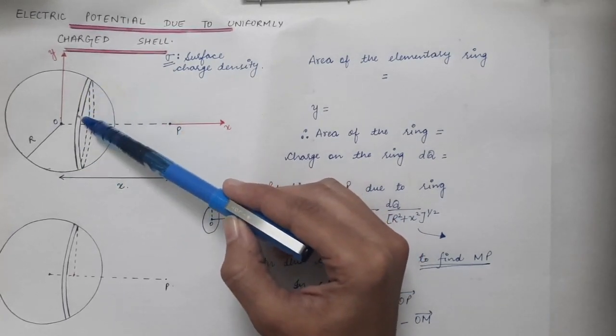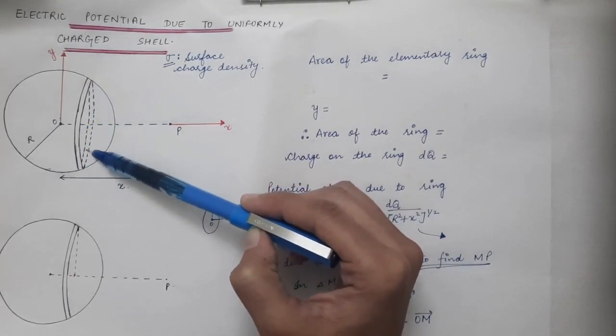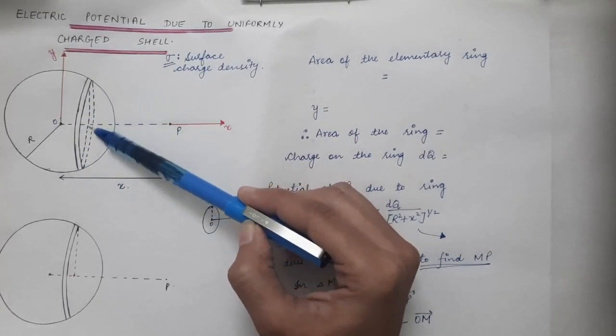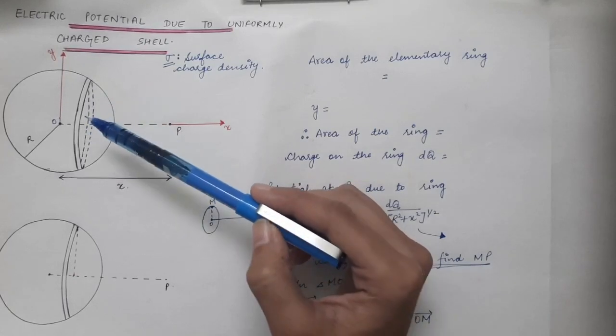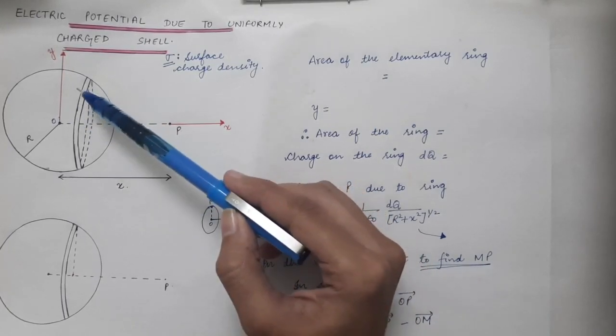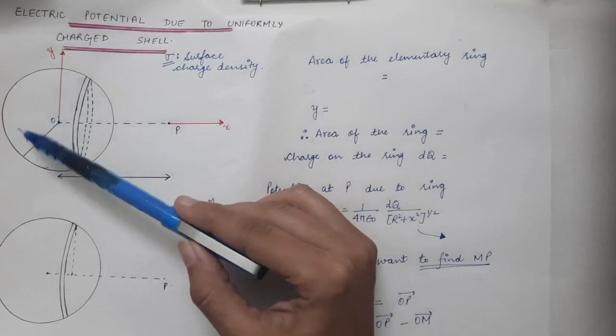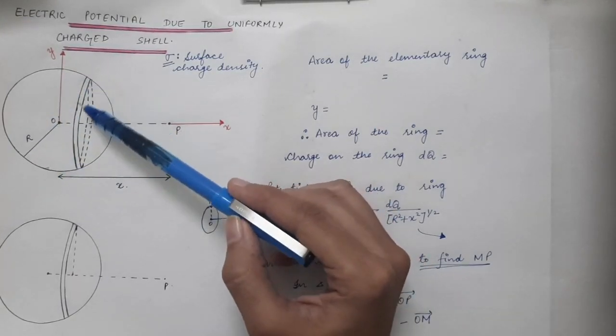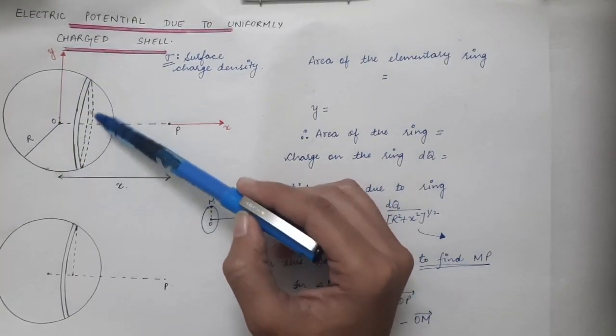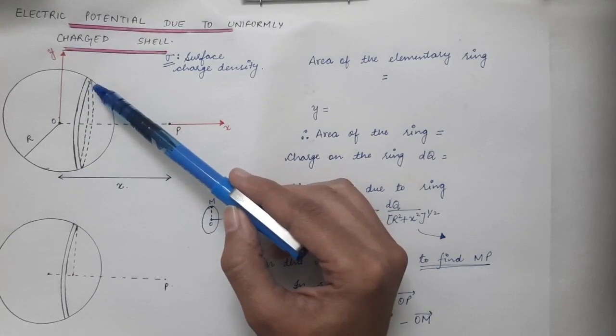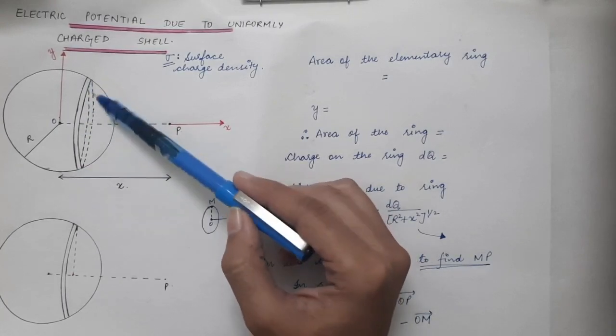This is the front section of the loop I have drawn, and this is the section of the loop on the back side of the sphere. The radius of every circular loop will be different.